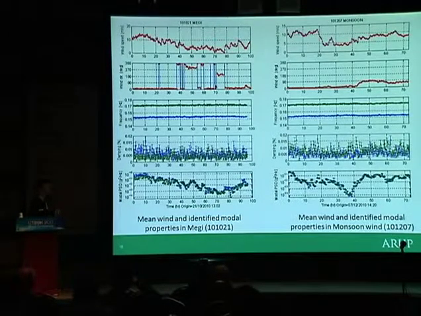We want to check the building behavior when it is affected by monsoon also. So apart from the 3 typhoon measurements, we also did the monsoon measurement last year. So these are the measurement results. Again, the damping ratio that we measure is very small.